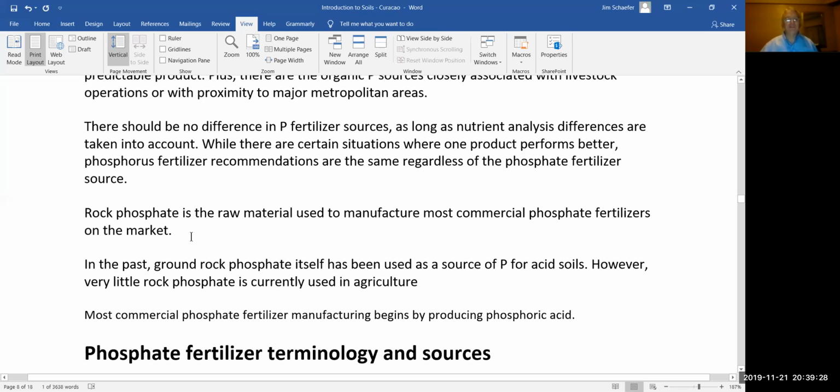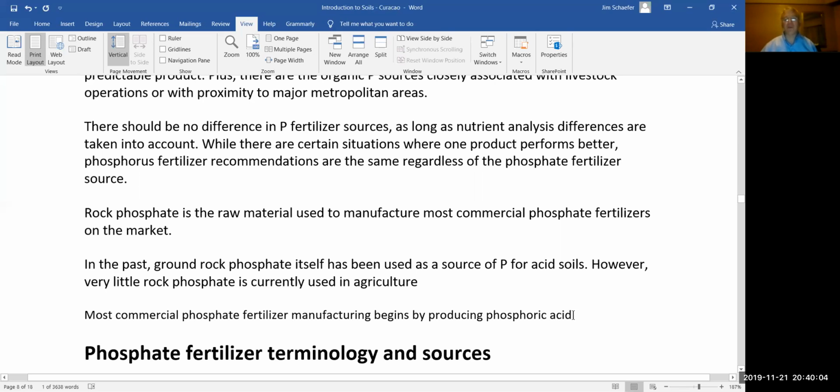Okay. So rock phosphate is the raw material, and most commercial phosphate fertilizer manufacturing begins by producing phosphoric acid, which is then used to treat phosphate rock. What's really negative about chemically treated phosphate fertilizers is this molecule over here called phosphoric acid.